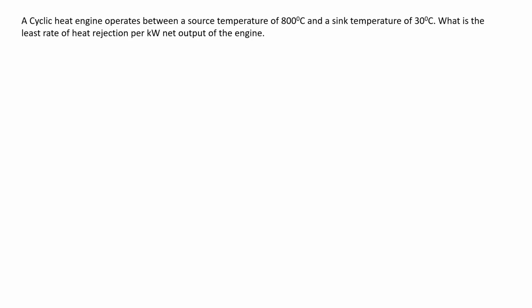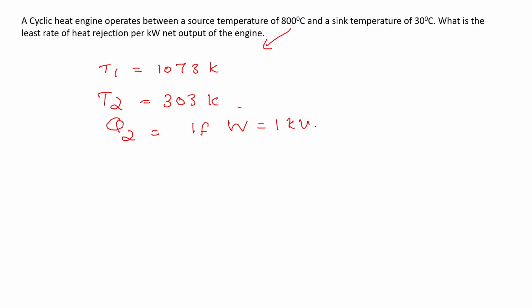You have to calculate the Q2 value if W is equal to 1 kilowatt. T1 is 1073 Kelvin, T2 is 303 Kelvin.